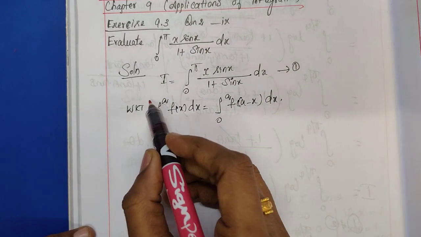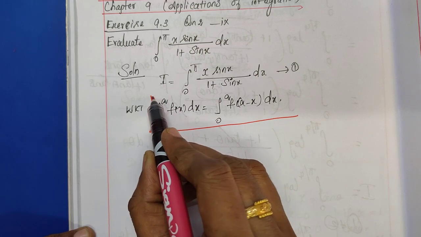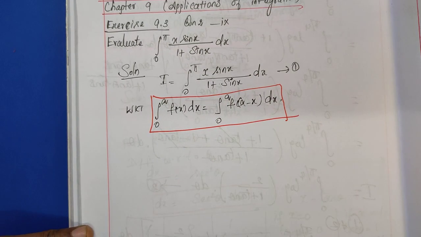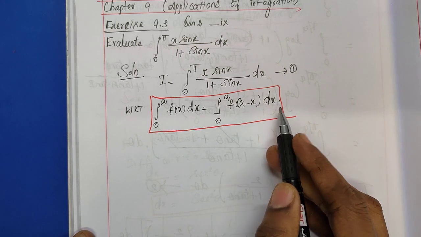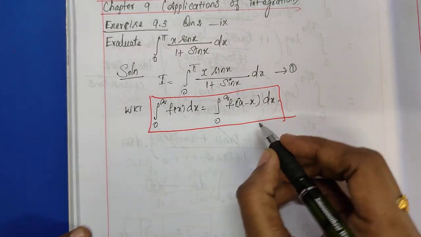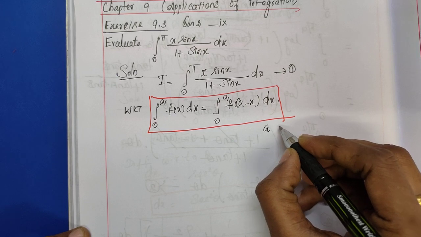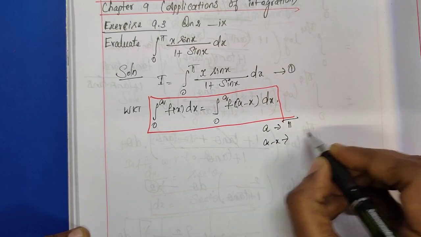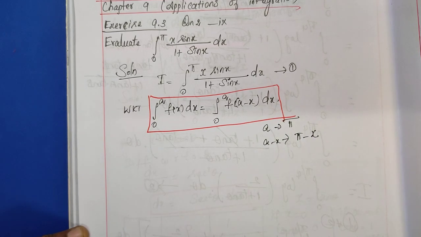This is an important property. Here our a is pi, therefore a minus x becomes pi minus x.